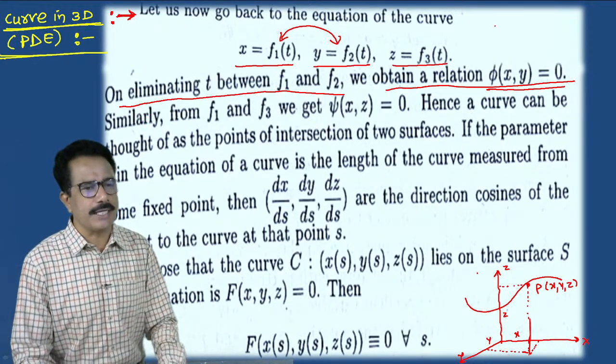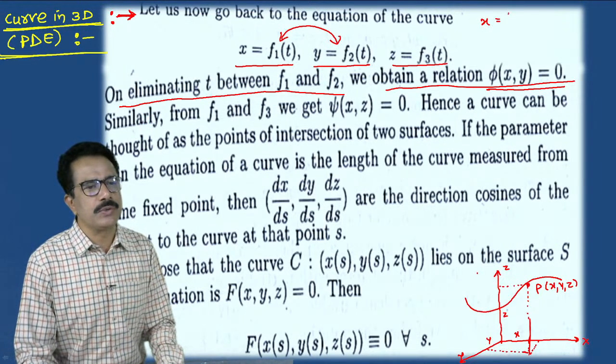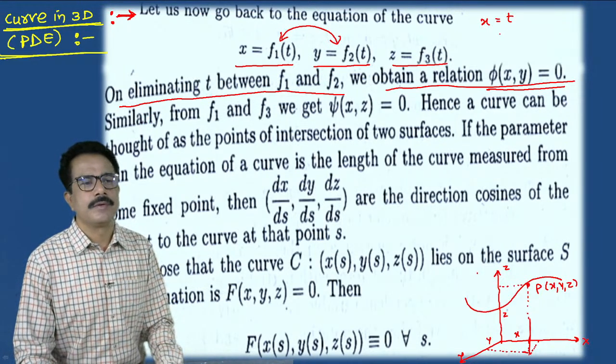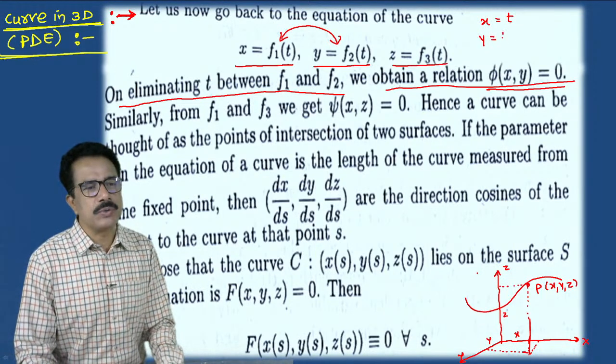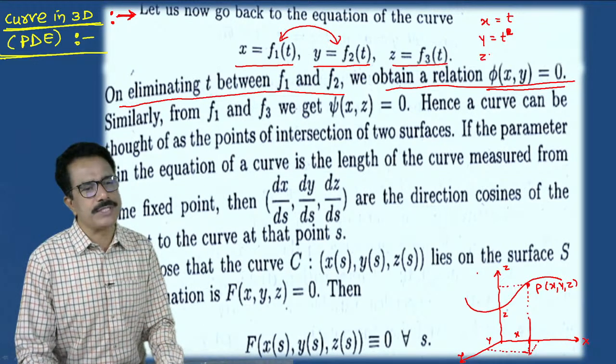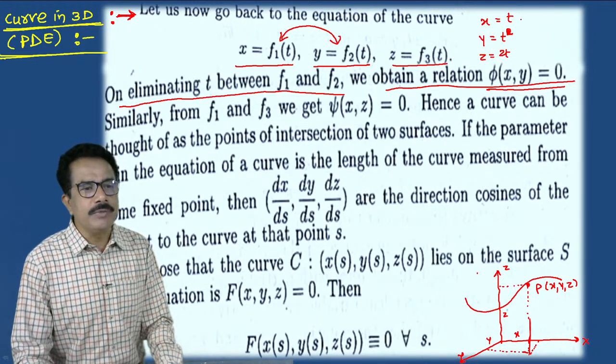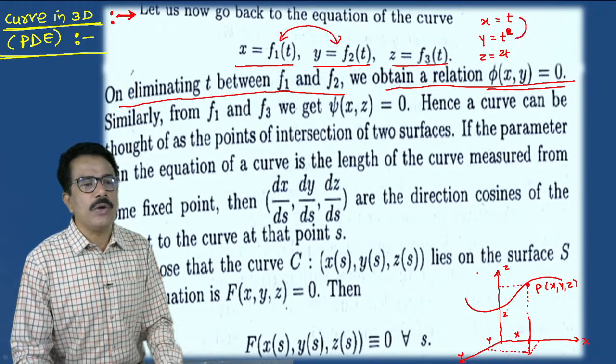For example, suppose x equals t, y equals t square, and z equals 2t. We can solve 1 and 2.